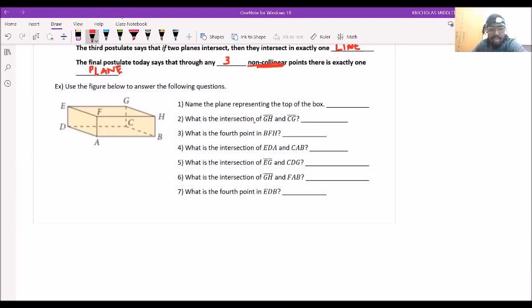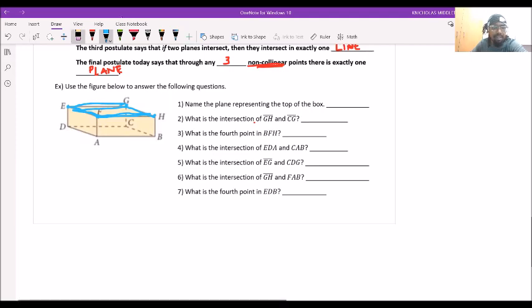And so the first one says, name the plane representing the top of the box. So I'm going to look at the top of the box here, the points that are here, E, G, F, H. These are on the top of the box. So if I'm naming the plane here, then I want to use 3 non-collinear points to do that.